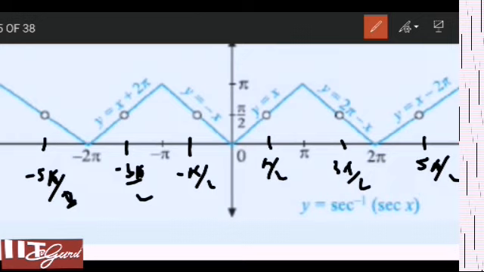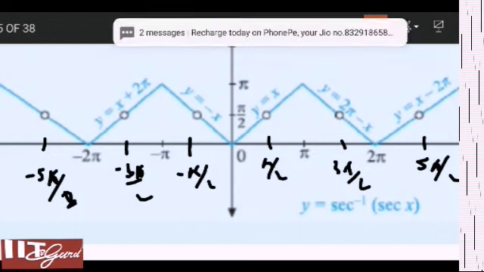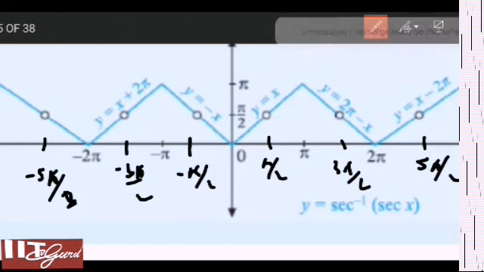Both are the same graph, but you have to ignore those points where cos x is 0, so that sec x is not defined, which are the odd multiples of pi by 2. In the case of cosec inverse cosec x, at every multiple of pi these are not defined. Otherwise, both the graphs are the same: sin inverse sin x and cosec inverse cosec x, and sec inverse sec x and cos inverse cos x.